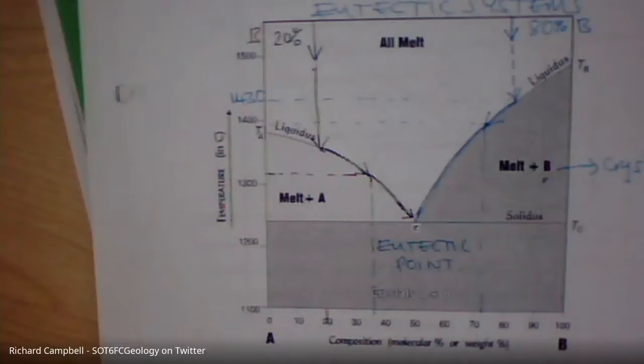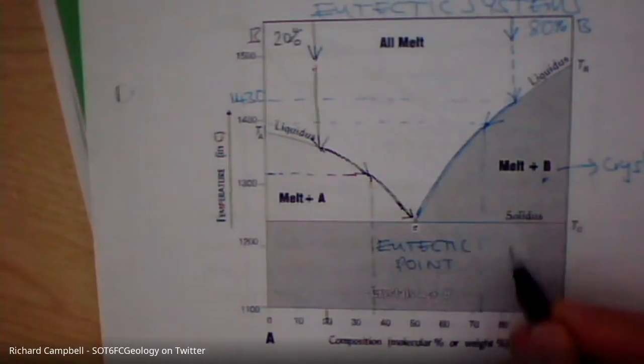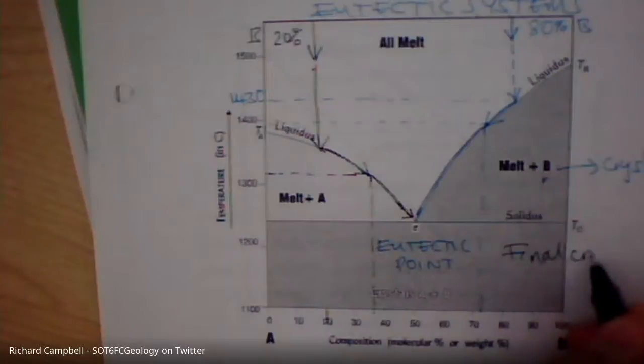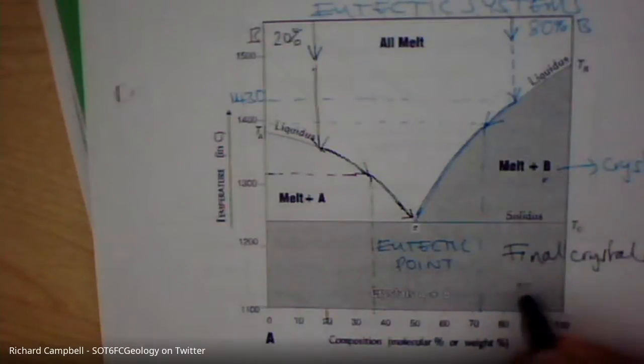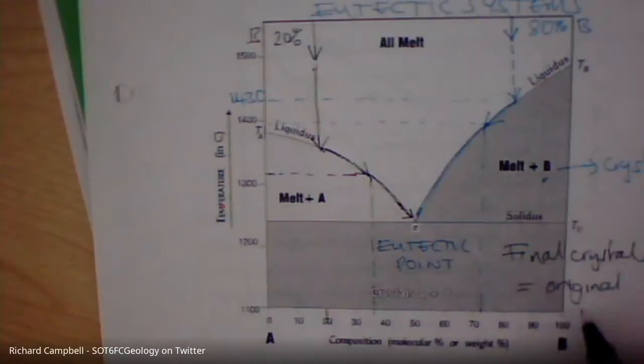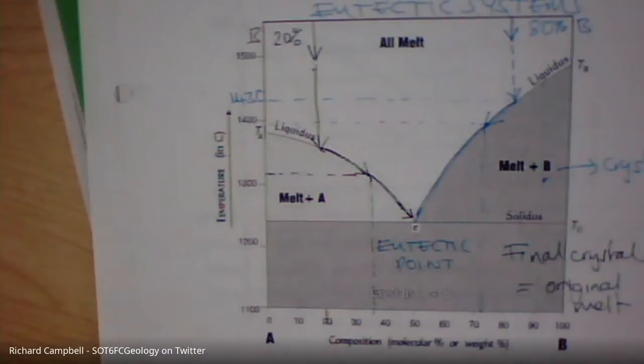Now, if the melt crystallizes at that point, the final crystals will equal in composition the original melt composition. That's assuming we've got an enclosed system where nothing comes in, nothing can leave.